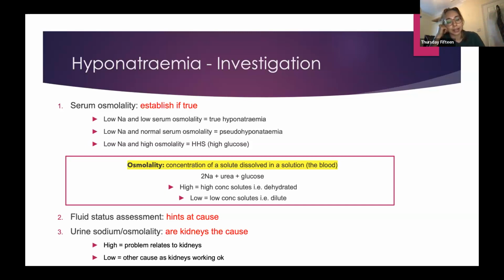If you have lots of glucose in your wee, it makes water and sodium follow. So HHS makes you lose sodium in your urine. Having a low sodium and a high osmolality is quite suggestive of HHS. So the low sodium is being caused by the uncontrolled sugars, so you need to treat the diabetic emergency to correct the sodium level. Does that make any more sense? That's how the two are related.